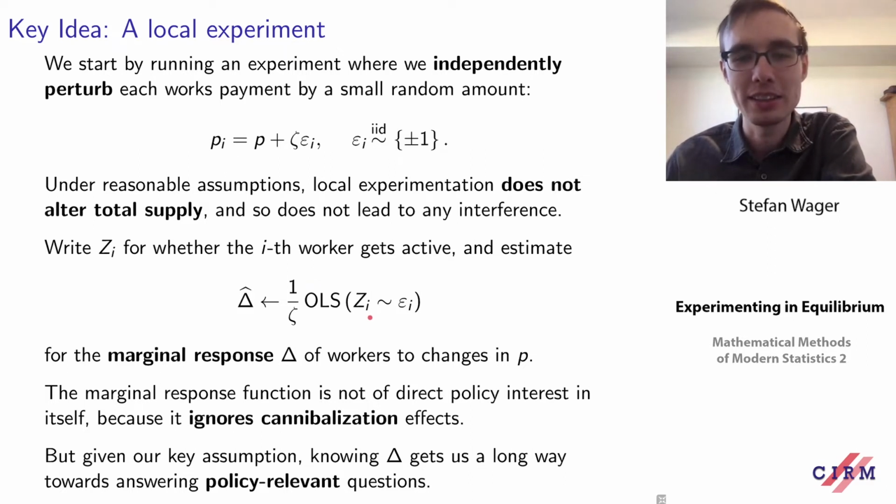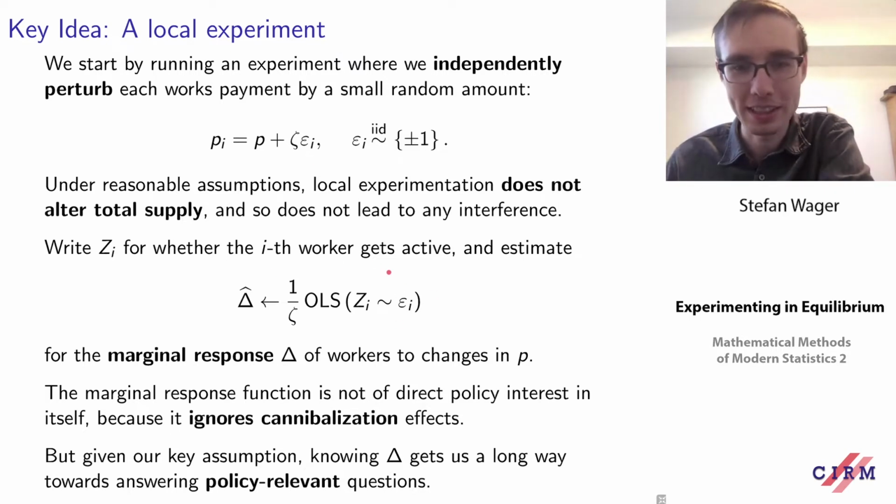Then this linear regression of z_i, marketplace participation, on epsilon_i is the reduced form regression, and this 1 over zeta we're dividing by is just the first stage. It's the effect of epsilon on p_i. It's just that we already knew the first stage a priori.